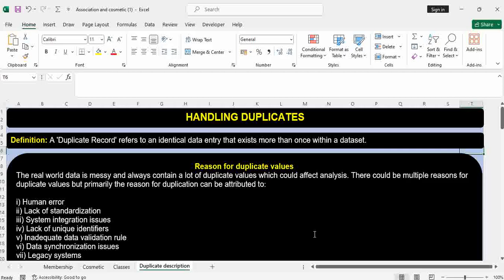So it is not about the same record. I want you to get that part very clearly. If at one place you're calling me Galm Dida and at the other place Dida Galm, the same person, this is still a duplicate.